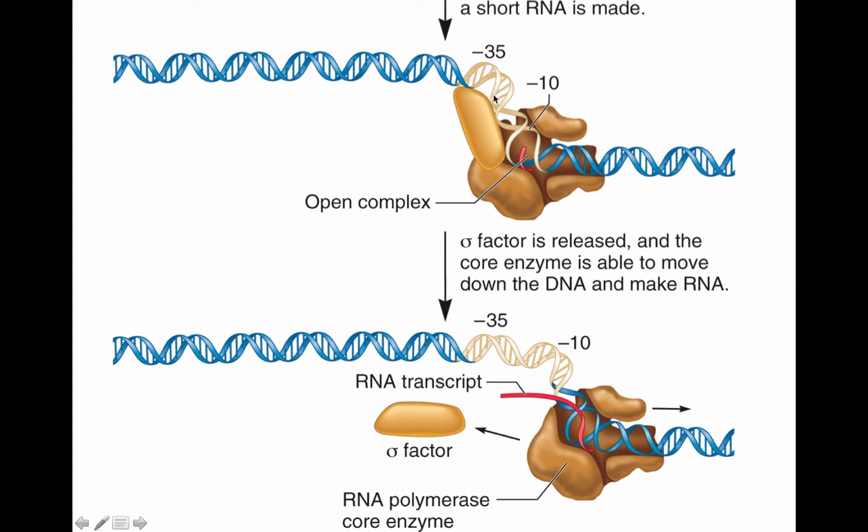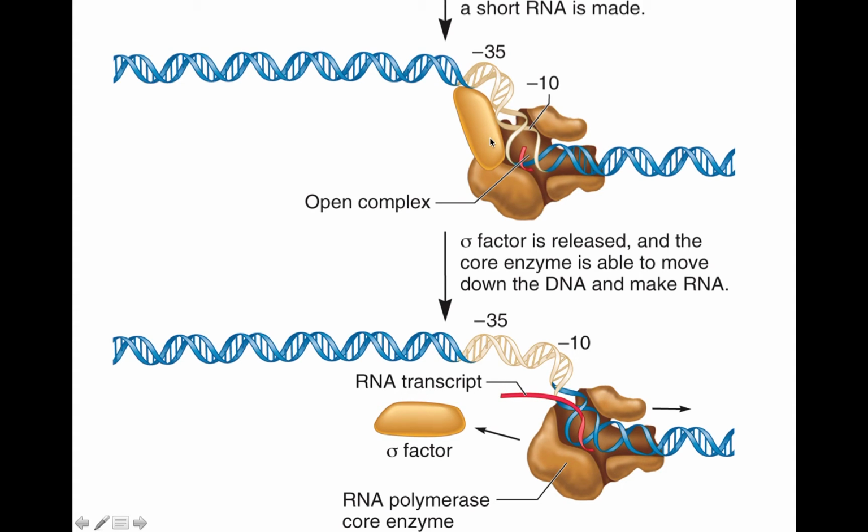RNA polymerase often starts and stops and starts and stops during that promoter escape transition. When it finally produces an RNA transcript of approximately 9 nucleotides long, then sigma factor falls off, the open complex remains consistent, and RNA polymerase can proceed down the DNA through the gene, producing an RNA transcript.